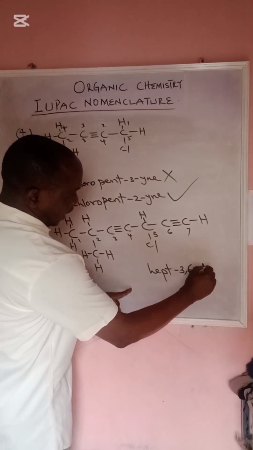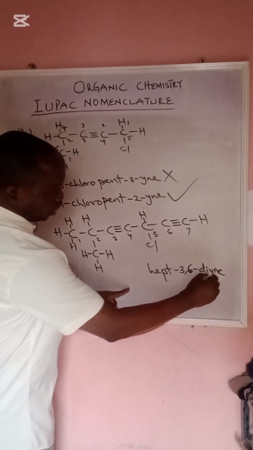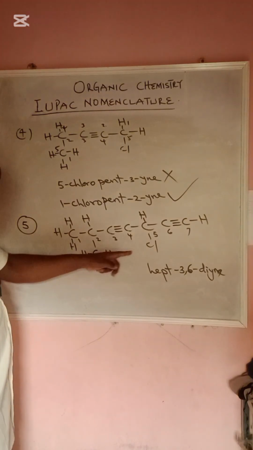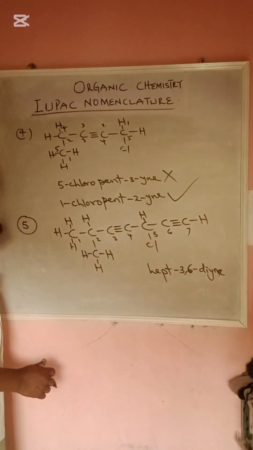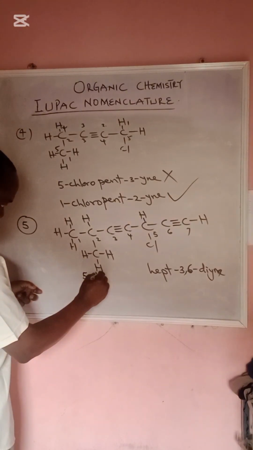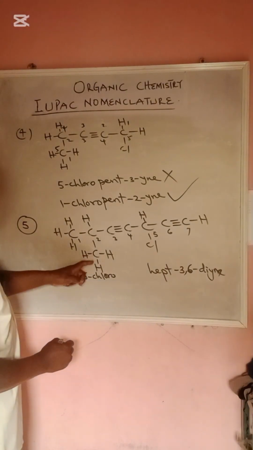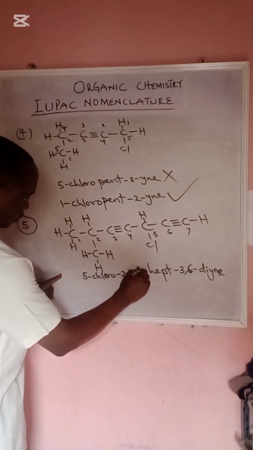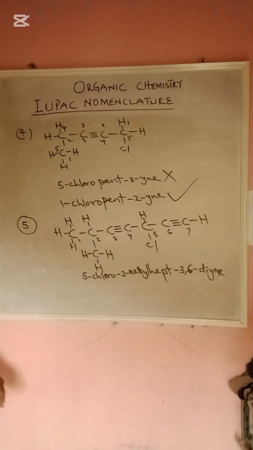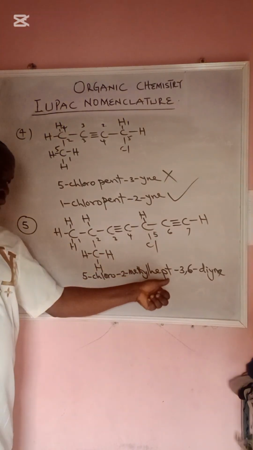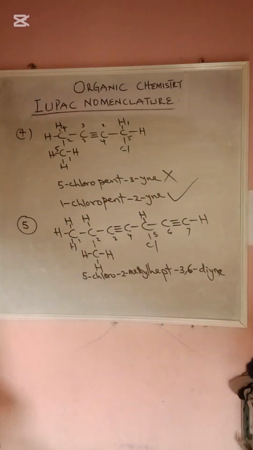So that is heptadiyne, the parent name. The methyl is attached to carbon 2, while chlorine is attached to carbon 4. So it would be 5-chloro, 2-methyl, with chlorine on carbon 5.